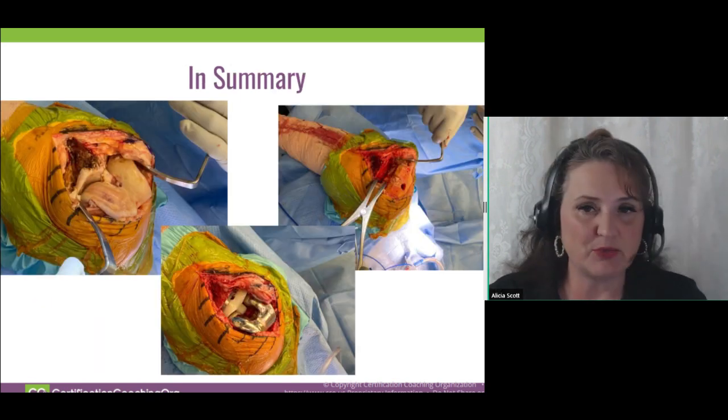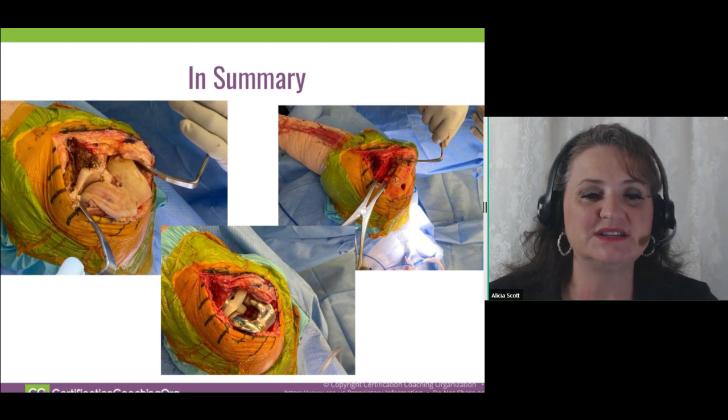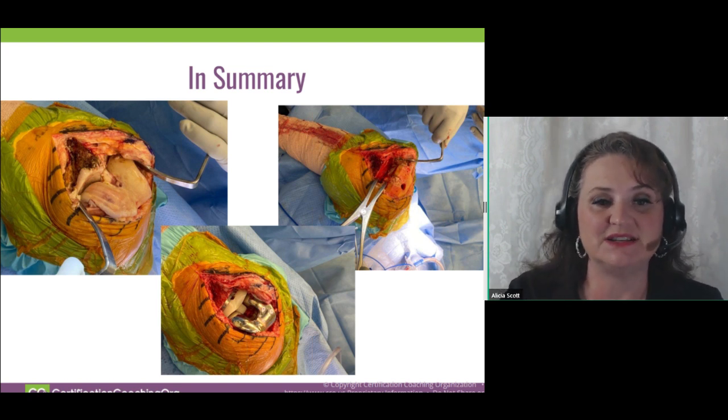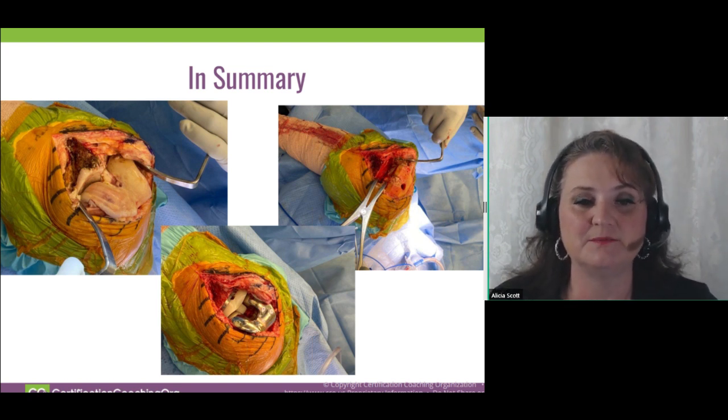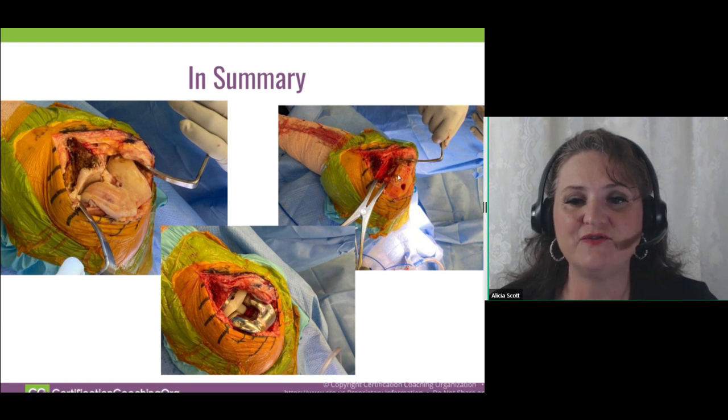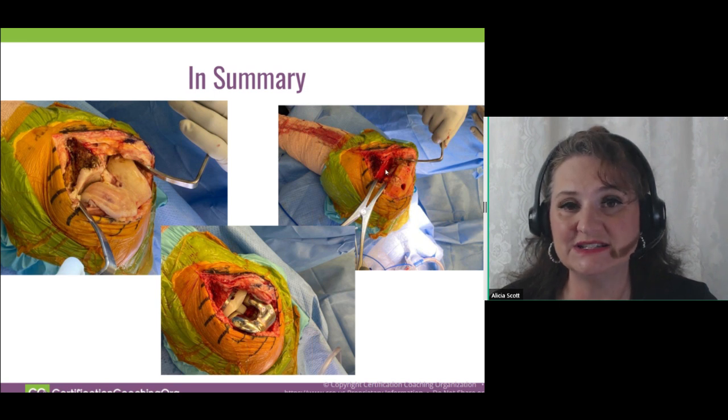And in summary, so this is another view, although flipped upside down. This particular picture is upside down. This is because of the head of the femur. And then this other picture is after the bones have been sawed. So they sawed off the end of the femur, and they also sawed off the end of the tibia.